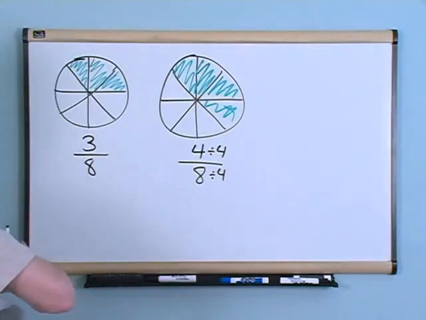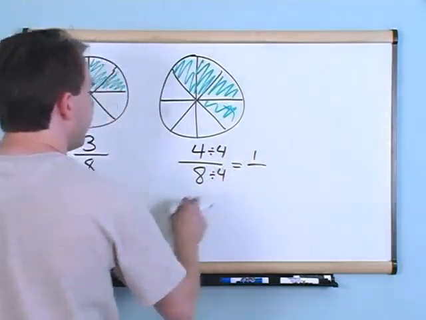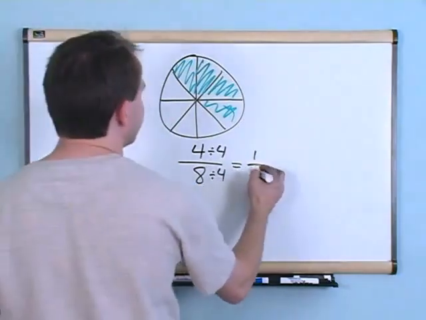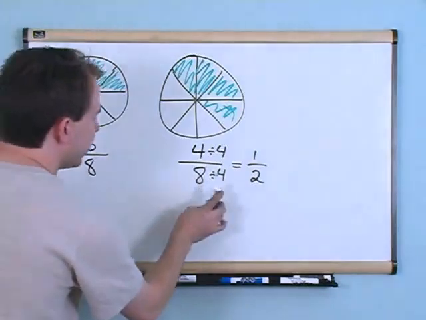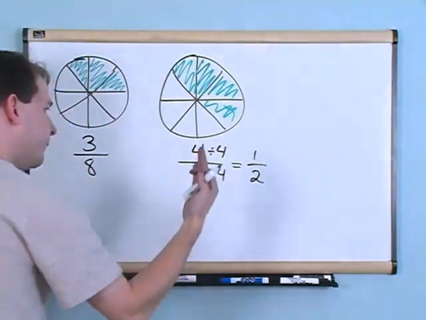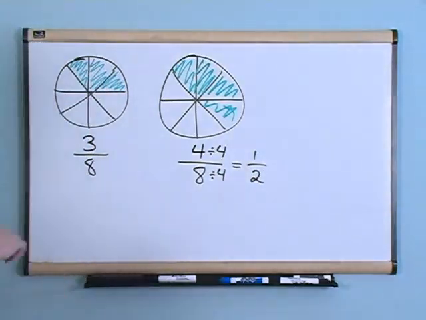When you do that, 4 divided by 4 gives you 1, and 8 divided by 4 gives you 2. So 4/8 is exactly the same thing as 1/2, because I can divide the top and the bottom by the same number, and as long as I do the same thing at the top and the bottom, I'm okay.